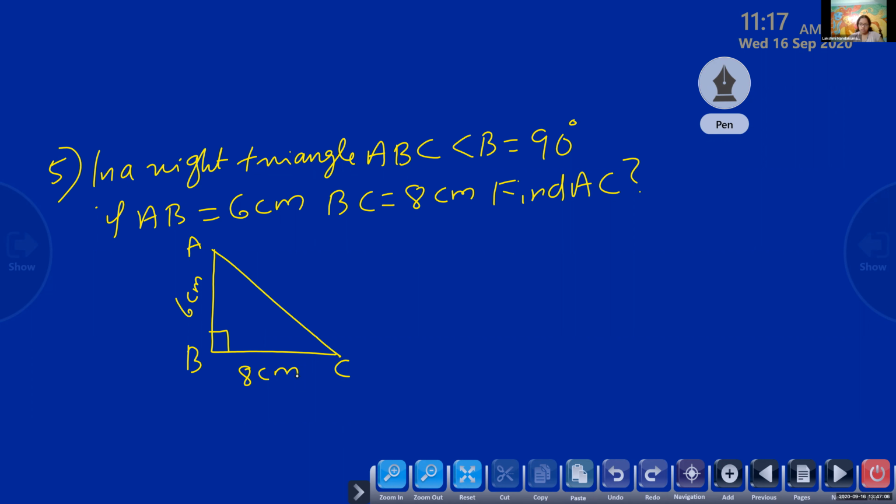What was that relation? Pythagoras theorem. Very good. What does Pythagoras theorem say? The square of the hypotenuse is equal to the sum of the squares of the other two sides.